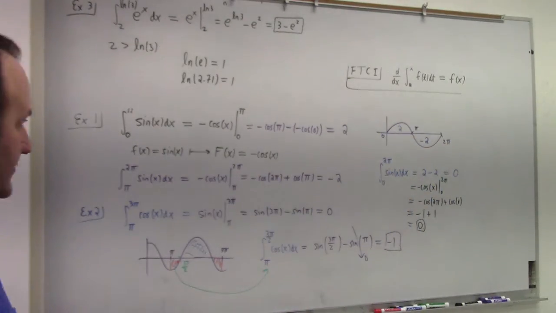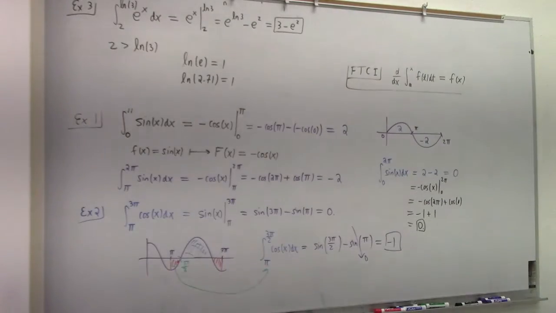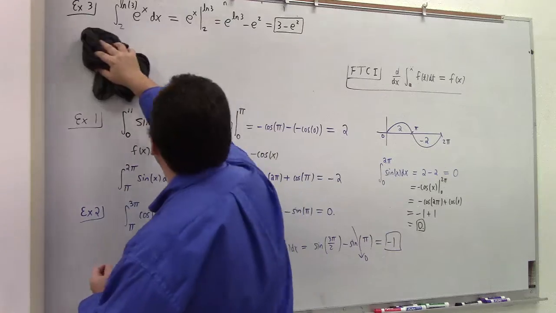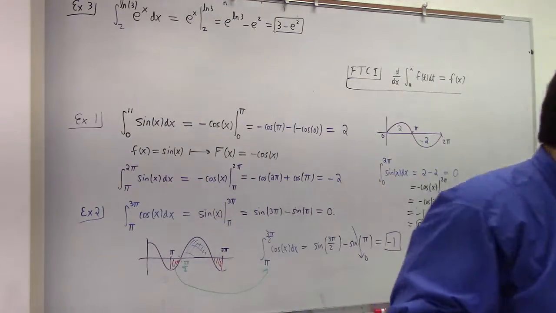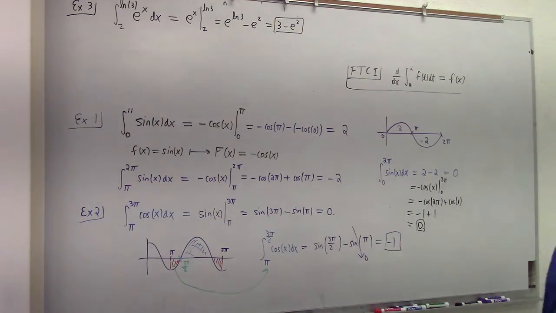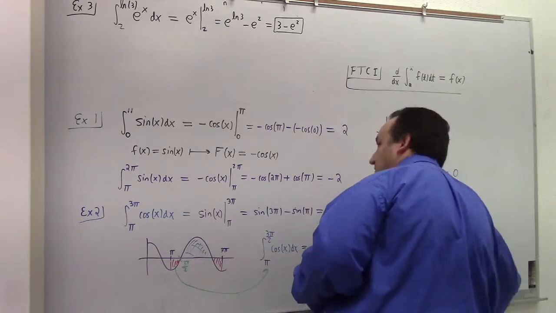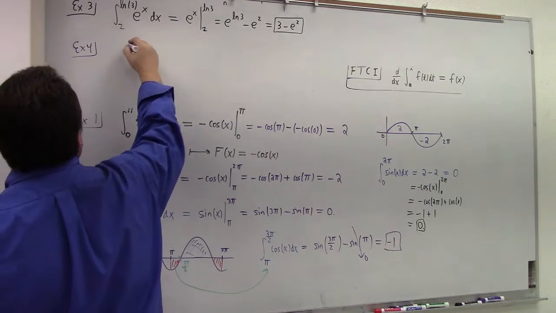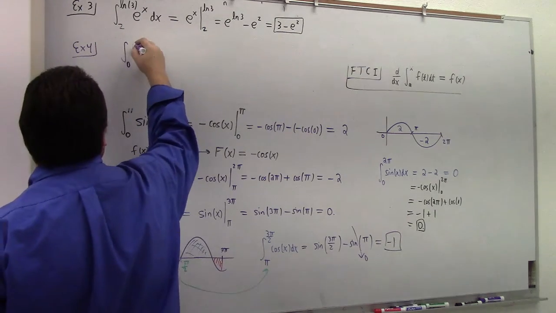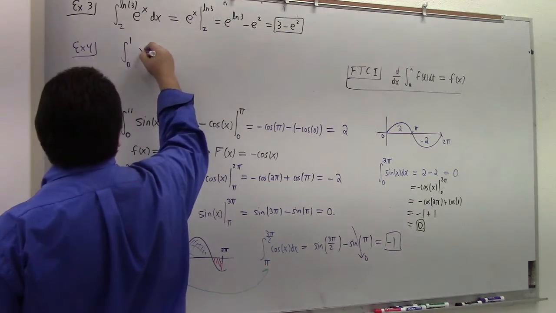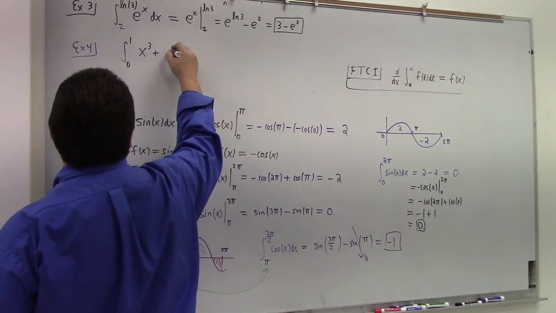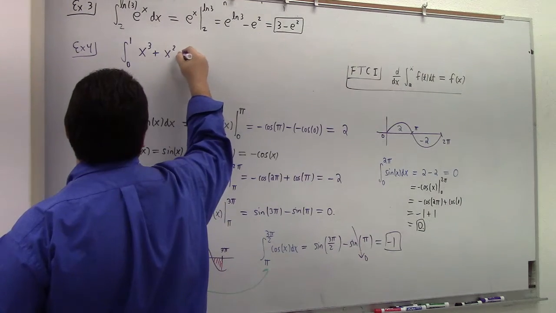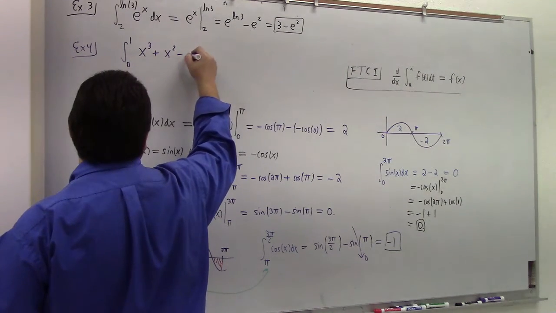Anyway, let's do another. We haven't done any polynomial ones yet. We should do one of those. Example 4. The integral from 0 to 1 of x cubed plus x squared minus the square root of x.